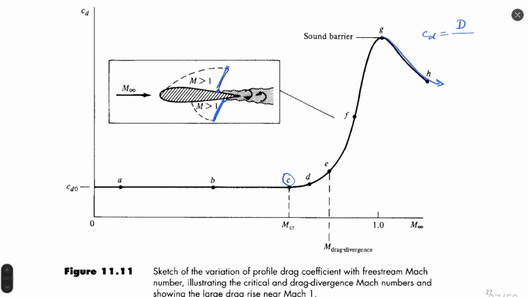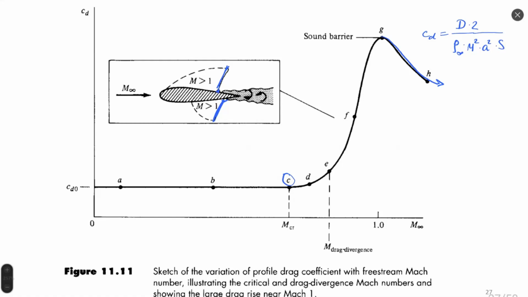Okay, let me write here. I will multiply by 2, I will divide by density, and most important, M squared, speed of sound squared, and also area.